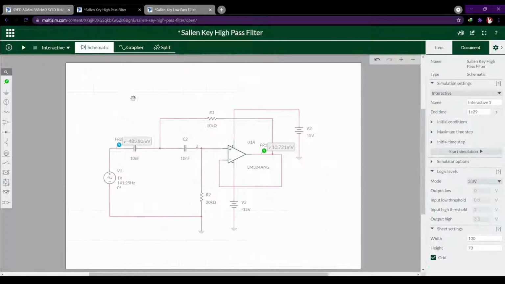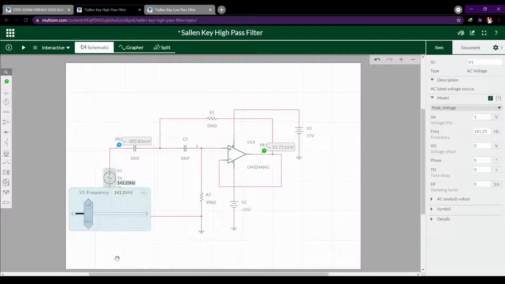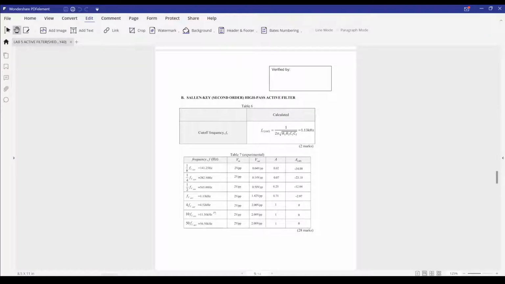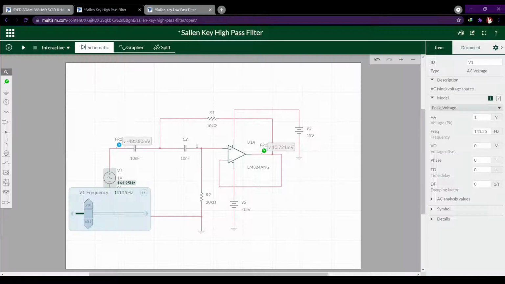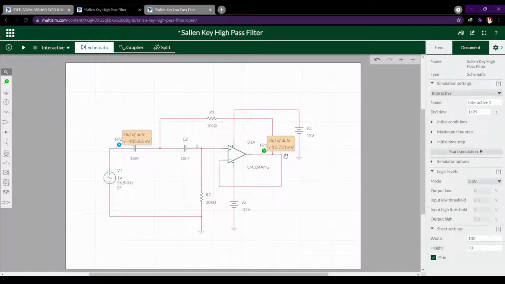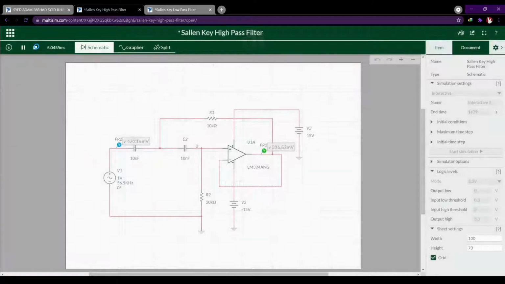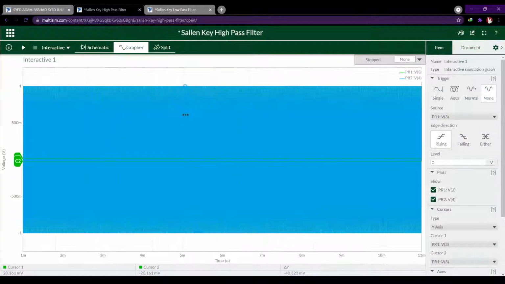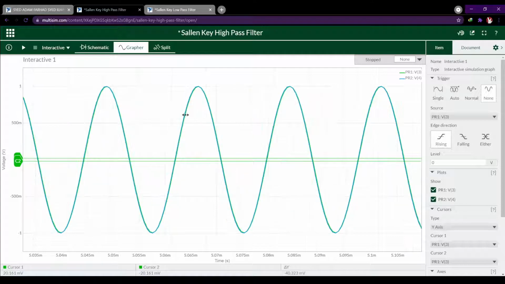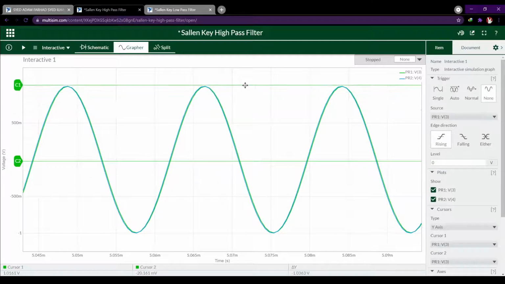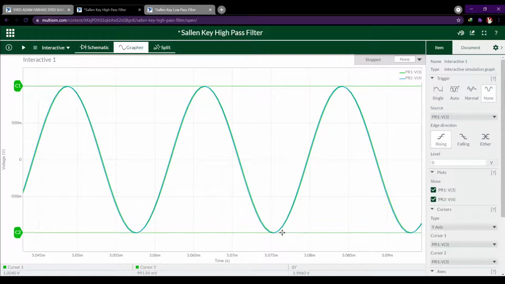If we change it to a higher frequency than the cutoff, let's try 56.5 kilo. So 56.5 kilo is more than the cutoff frequency. As you can see, the voltage output is almost similar to the voltage input.